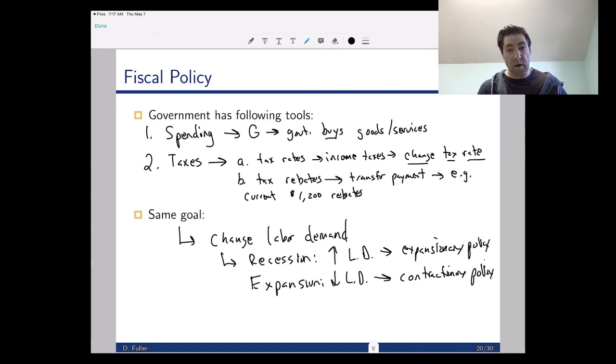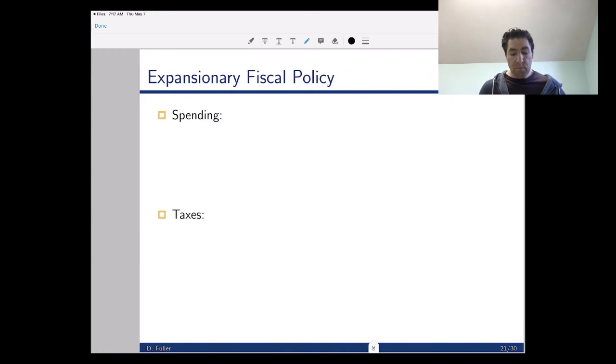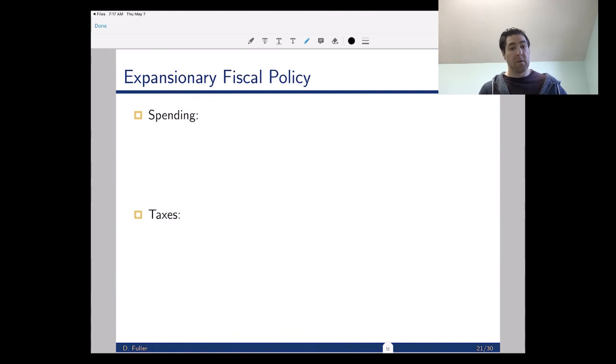Whether or not it's the correct policy is another debate, but they certainly aren't eager to hold the economy back. Okay, so that is the brief introduction to what tools the government has. What we're going to do next is look at how these work exactly and what they do to our model.